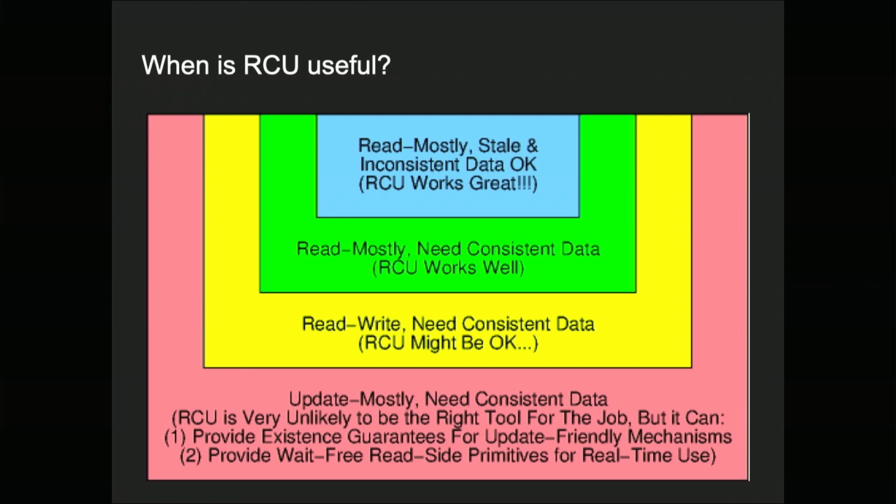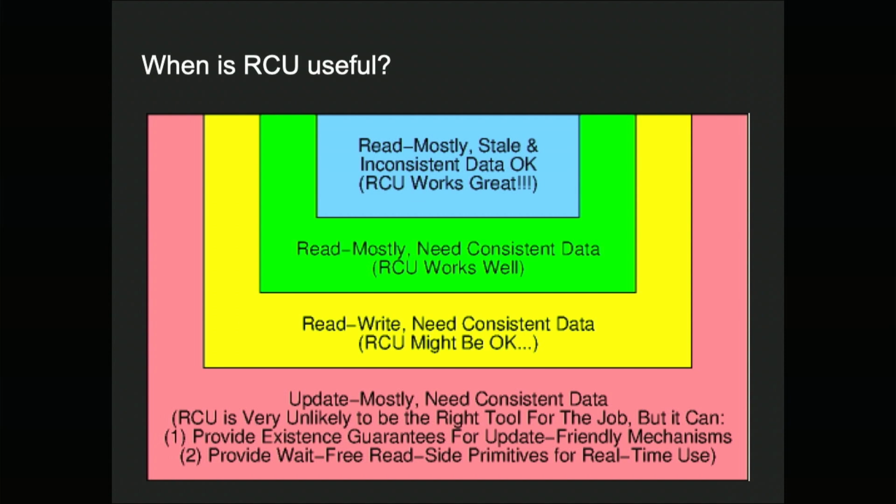Now that we've discussed implementations, let's explore when RCU is useful. The slide shows different scenarios. In some cases, RCU is a good fit. RCU is an excellent choice if your application mostly reads data and can accept inconsistency.